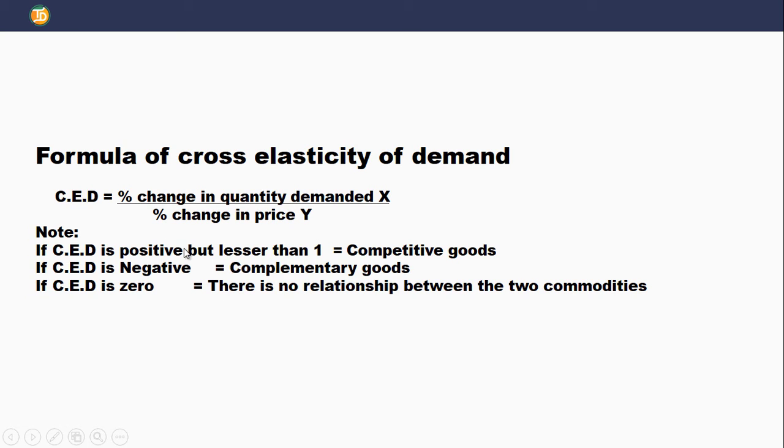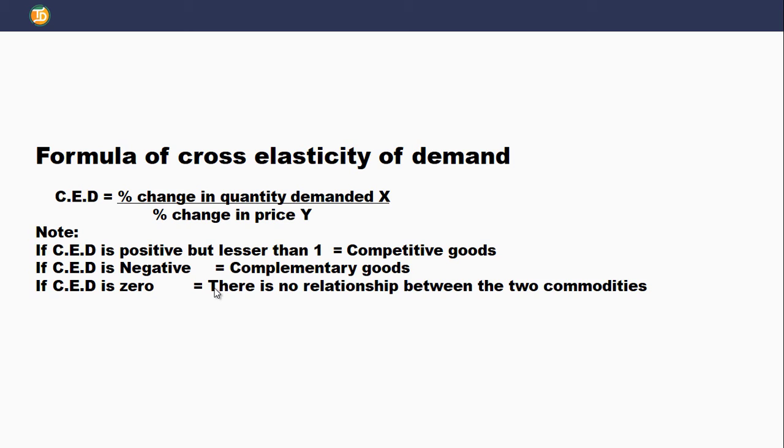So how do we analyze cross elasticity of demand? If you solve a question and the answer you got is positive, it shows that the commodity is a competitive good, or an example of a competitive good is a substitute. If the answer is negative, it shows that the commodity is a complementary good.